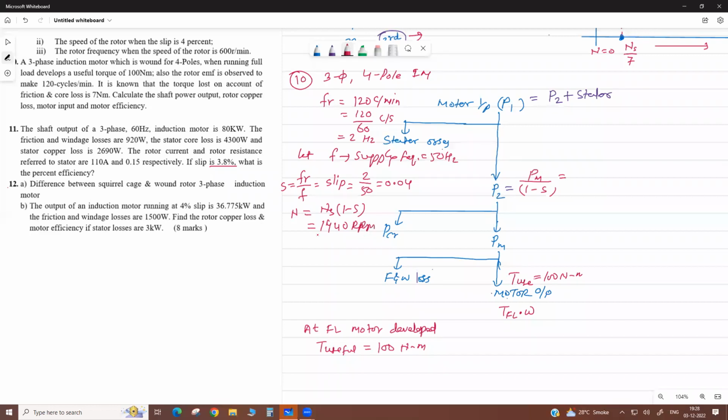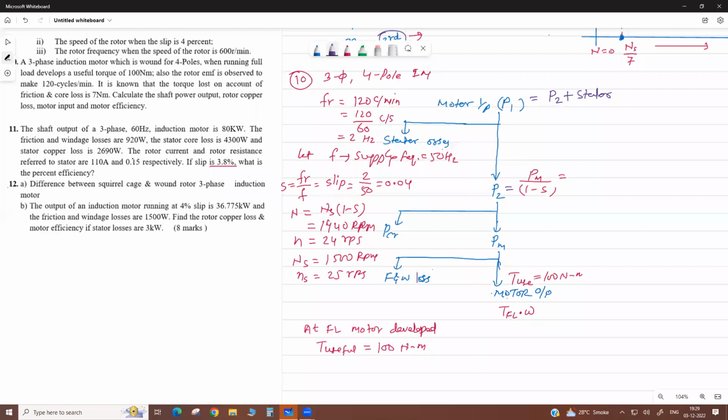For small n, we can calculate it comes 24 rps, and synchronous speed is 1500 rpm, or in small n it is 25 rps. ये part आप रखिए याद. Okay. These are helpful. It is required. Okay, my dear. So one by one.